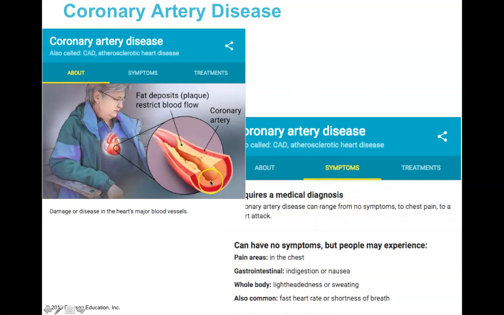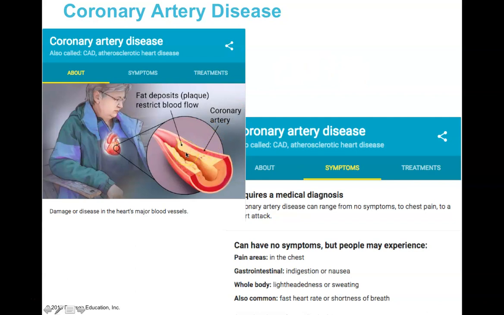And you can see that this plaque starts to develop, and this means that blood can't pump as effectively throughout the body. So some symptoms of this might be chest pain, nausea, indigestion, sweating, shortness of breath, hard to breathe, and a sensation of tightness in the chest. So this is that the blood vessels around the heart are blocked. And eventually this can cause problems with blood getting to the heart.